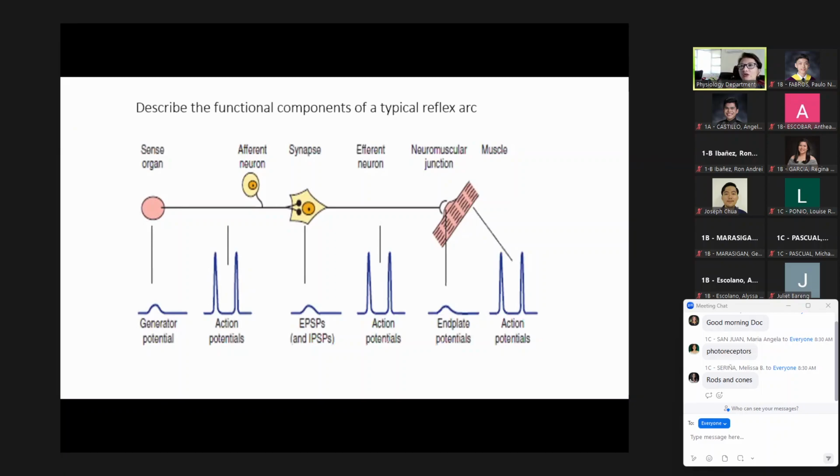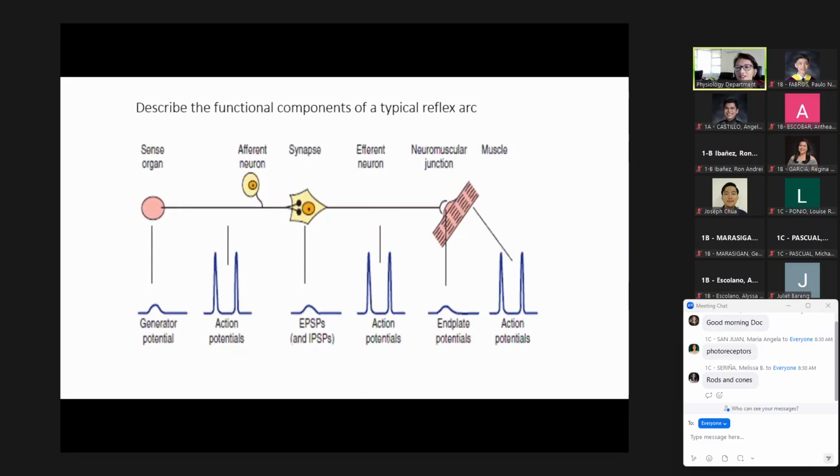Okay? Now, your receptors also have their classification. So, sinabi dito yung ibang classification. So, check the chat box. May nagsabi ng mechanoreceptors because they are stimulated by mechanical means. Okay? Under this, you have your stretch receptors. Diba? Kasi mechanical yun eh. Okay? And then you have your photoreceptors. Ano pa? What else?